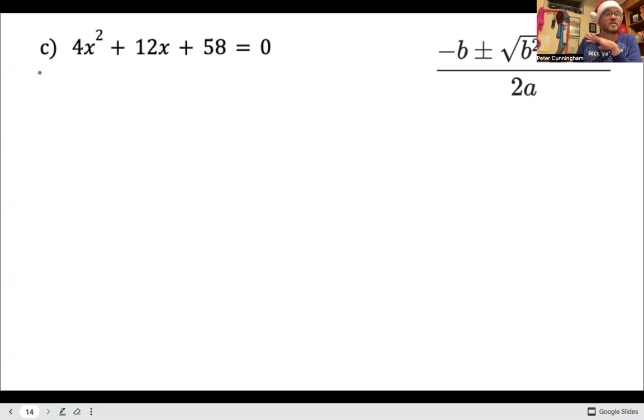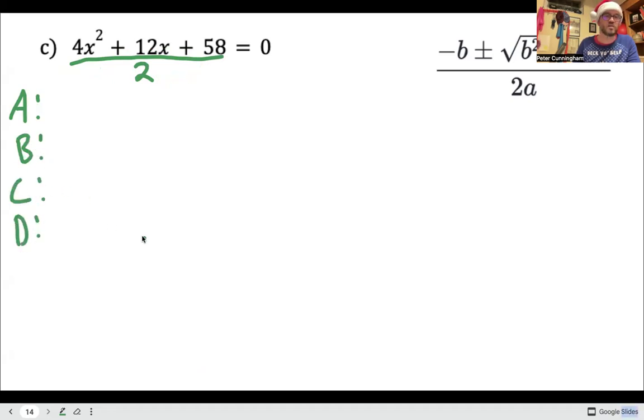All right. Speaking of going faster, all these numbers are even, so I'm going to make them smaller. I'm just going to divide everything by 2. Could you do this with 4, 12, and 58? Absolutely. But the smaller the numbers, the easier the math.